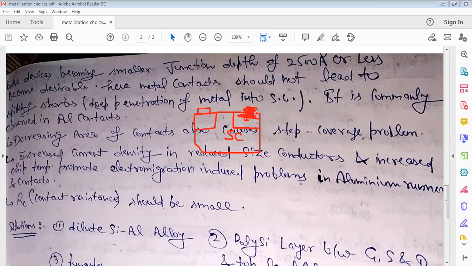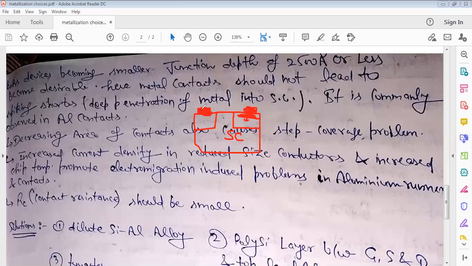Now there is another problem. If we want to decrease the area of contacts, and everything is decreasing in VLSI design, then we will have to decrease also the area of contact. So if you decrease the area of contacts, it may cause step coverage problems.